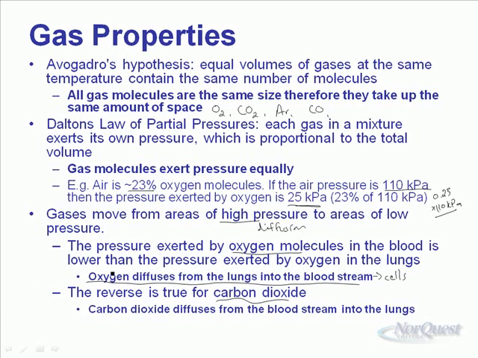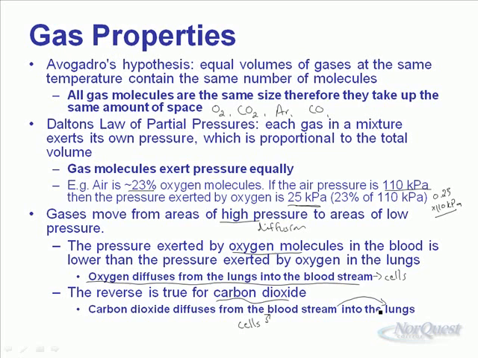For carbon dioxide, the reverse is true. Carbon dioxide diffuses from cells into our blood, and then from blood into our lungs, and then we exhale it or expire it out of our lungs. And it's the same idea. Carbon dioxide is constantly being built up in our cells. When cells do metabolic activities, they produce lots of carbon dioxide. So the concentration or the pressure of carbon dioxide is very high inside of our body cells.